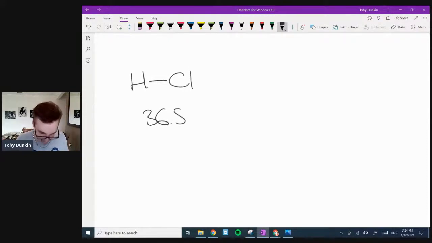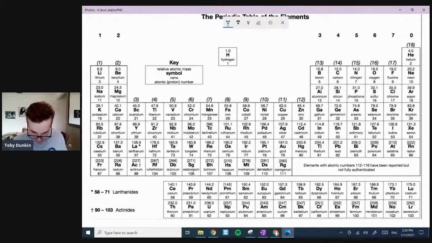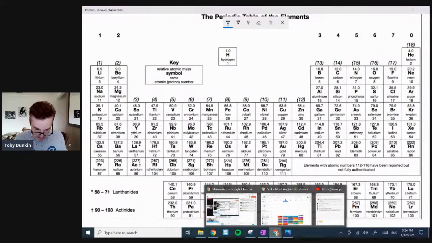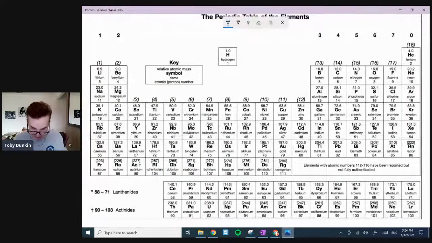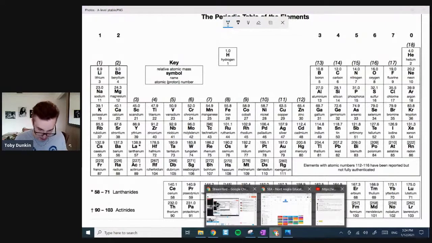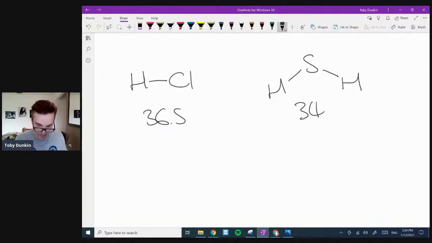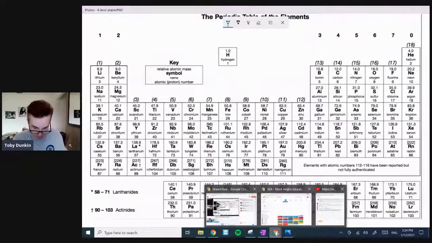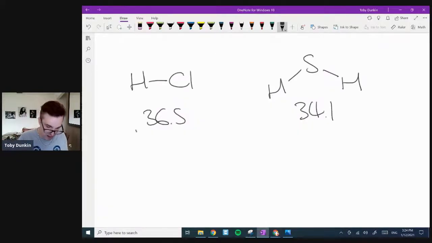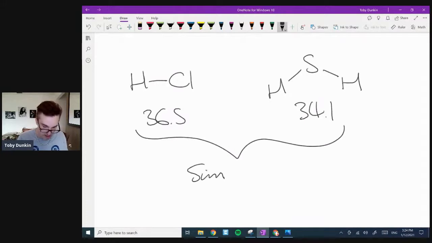And I'm going to compare that with H2S. The reason why I do that is because they've got very, very similar MRs. That's 34: sulfur 32.1 plus 2. These are incredibly similar MRs.